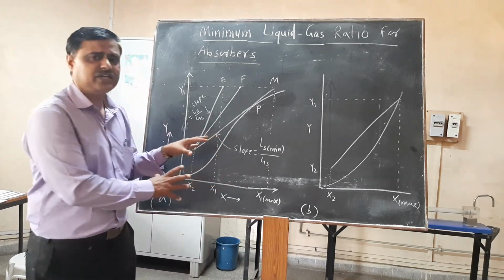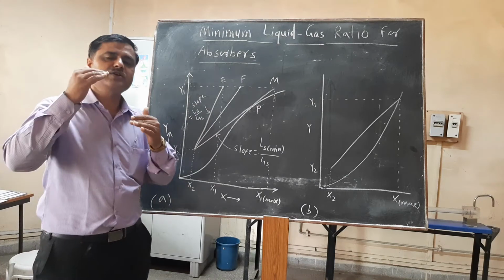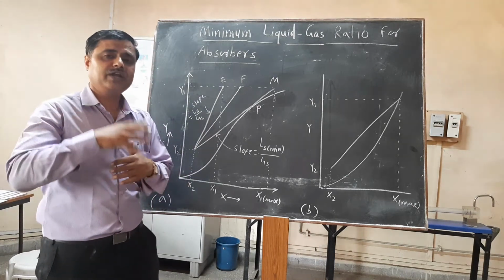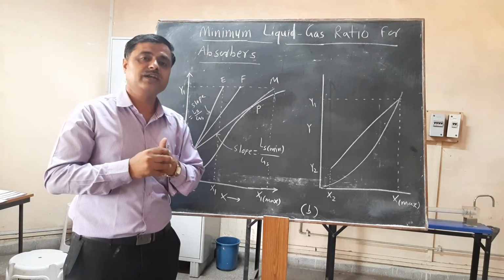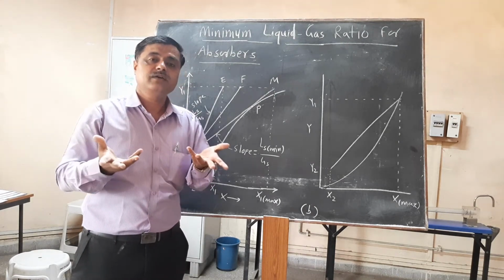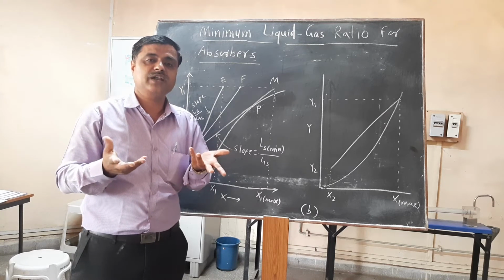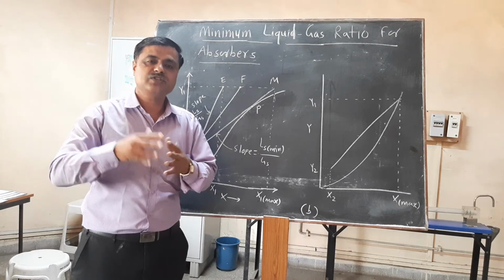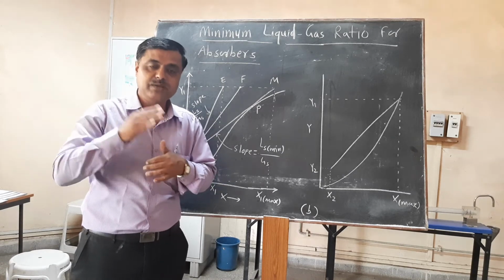Now, if there is a minimum flow rate of the liquid and the gas, what will happen? To get the high mass transfer rate, an infinitely tall tower is required, and if an infinitely tall tower is needed, then the cost also increases, which is not feasible. That means this is the limiting ratio, the limiting liquid to gas ratio.